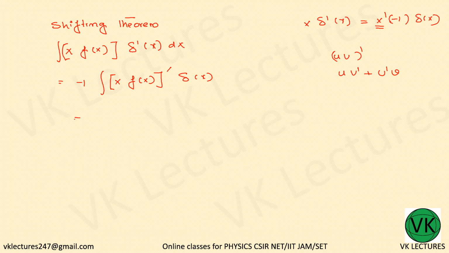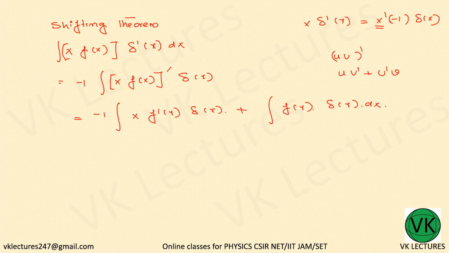So that becomes minus 1 integral x into f dash of x delta of x plus integral f of x into first derivative of x into delta of x, right?